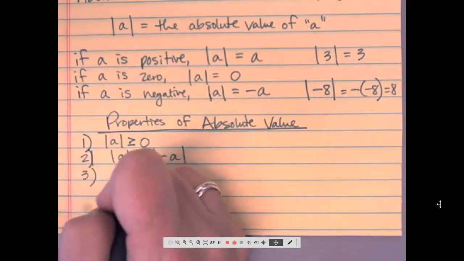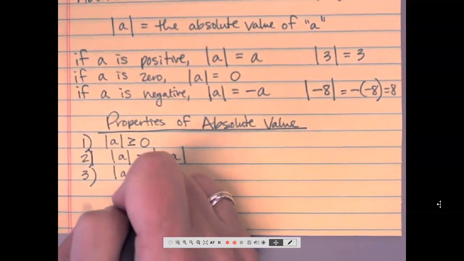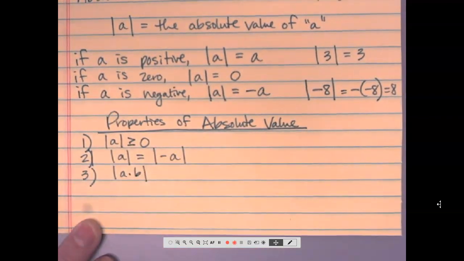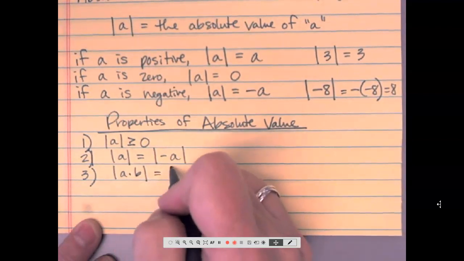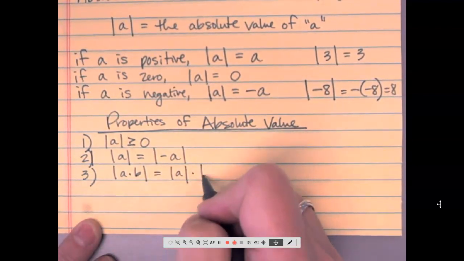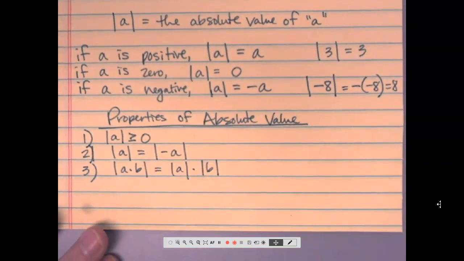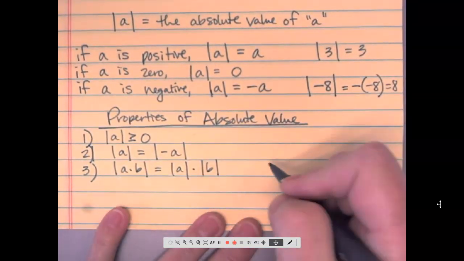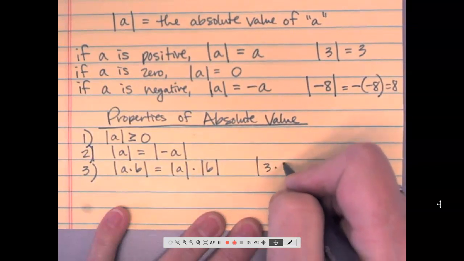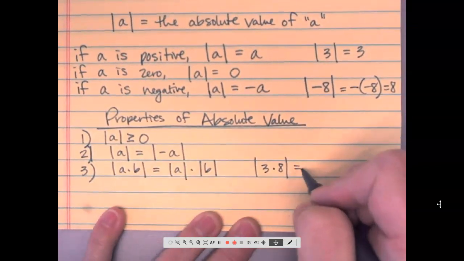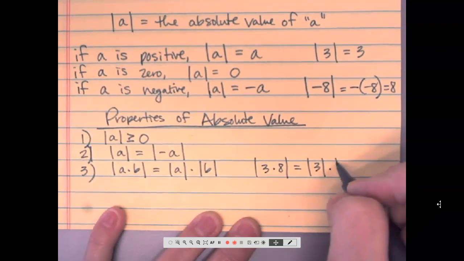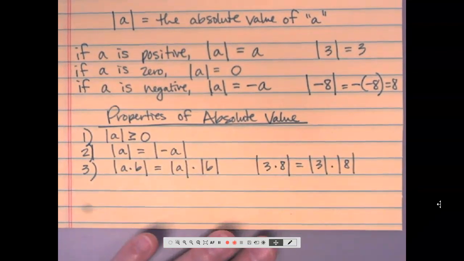If we have two numbers that are multiplied, or two quantities, then we can split them apart and multiply their absolute values. For example, if I had 3 times 8, then that's the same as absolute value of 3 times absolute value of 8.